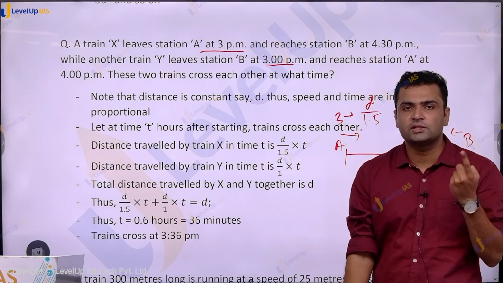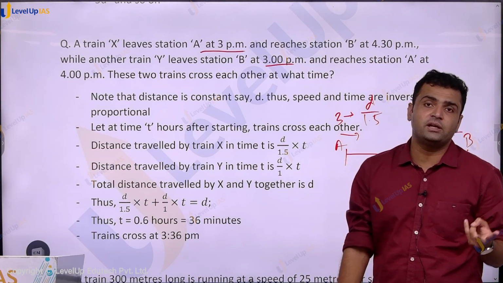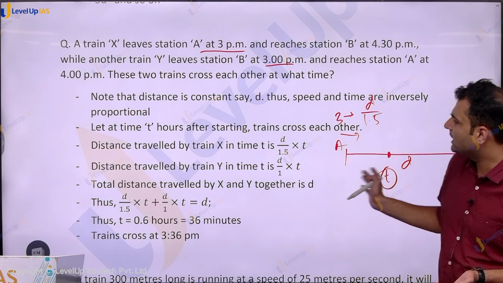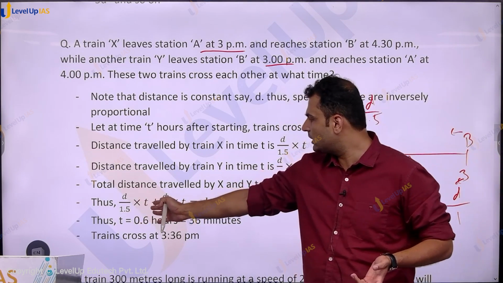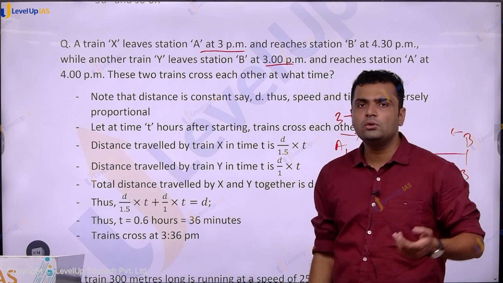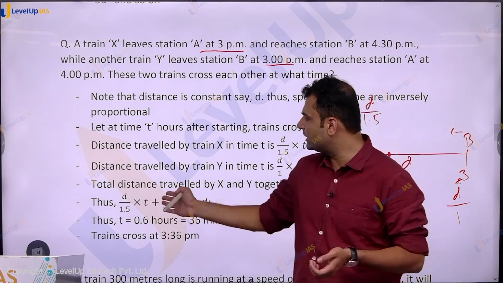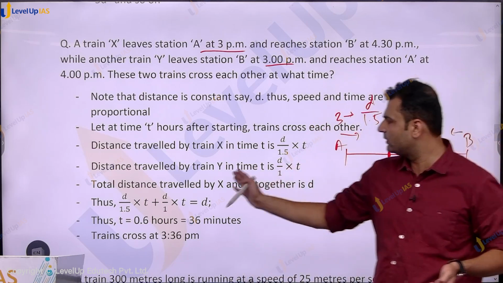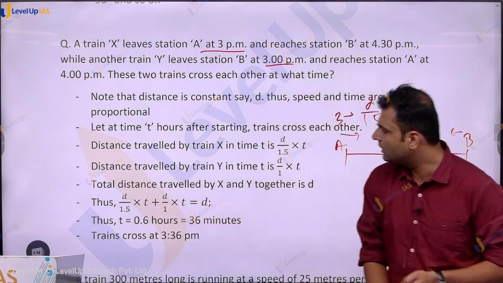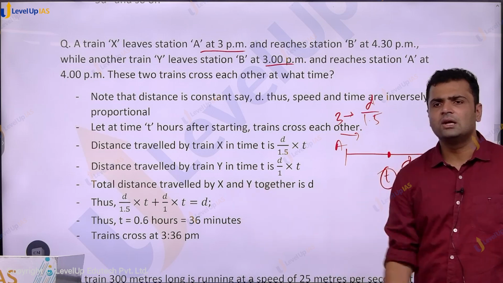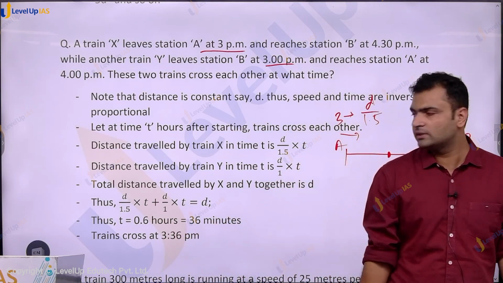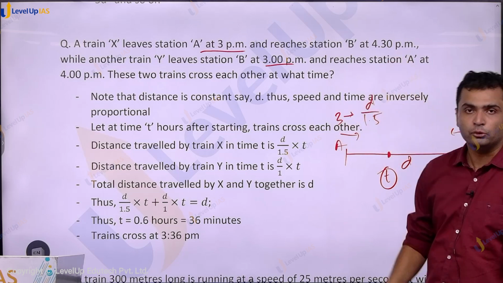One, they have traveled for the same time. Second, they have together traveled total distance D. If you use these two conditions, you can find the answers. So D by 1.5 into T plus D by 1 into T is equal to total distance traveled D. We have assumed that they had traveled for time T, and original distance we have assumed as D. It will get cancelled here, and if you solve it, you will get 0.6 hours or 36 minutes. So trains cross each other at 3:36 p.m. because they have both started at 3 p.m.